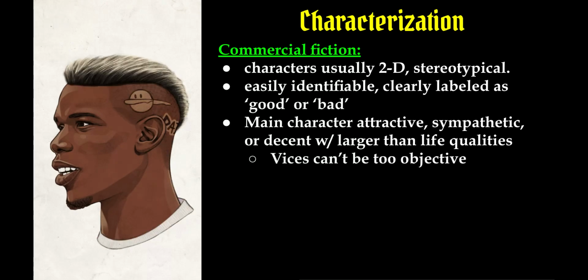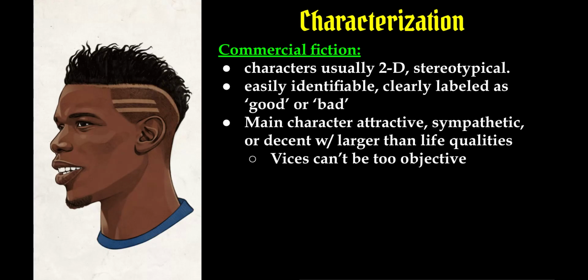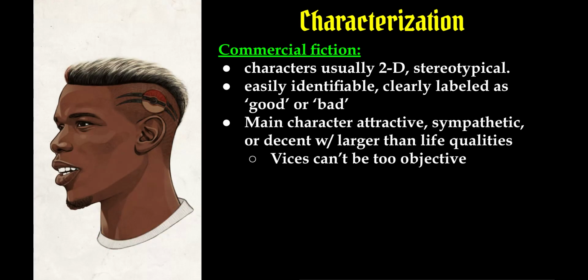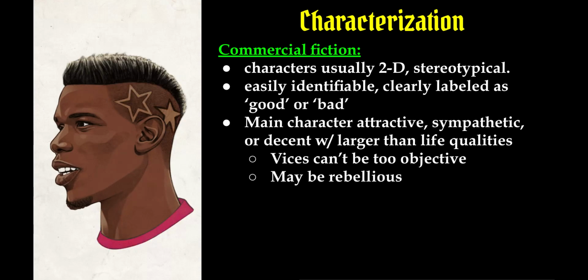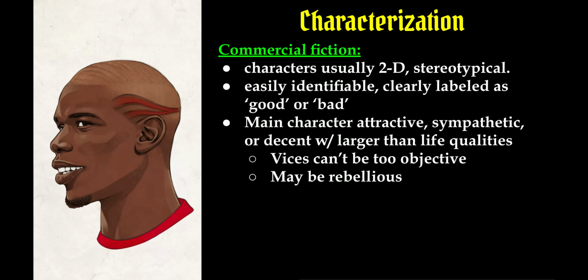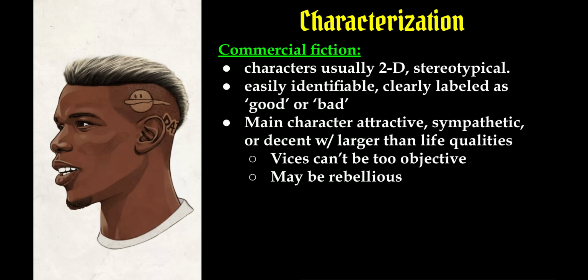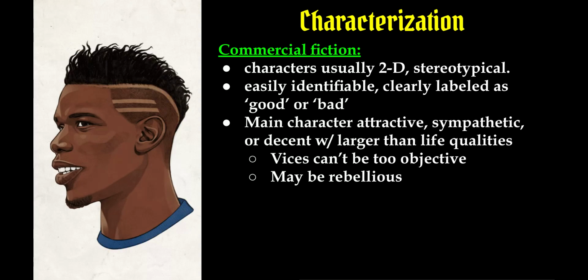Their vices, the opposite of virtues, the things they do that are naughty, can't be too objectionable. Sorry, I should say objectionable, not objective, typo there. They can be rebellious, but we like a good rebel, right? That's not objectionable. If you think about Guardians of the Galaxy, we like Star-Lord. He's cute.